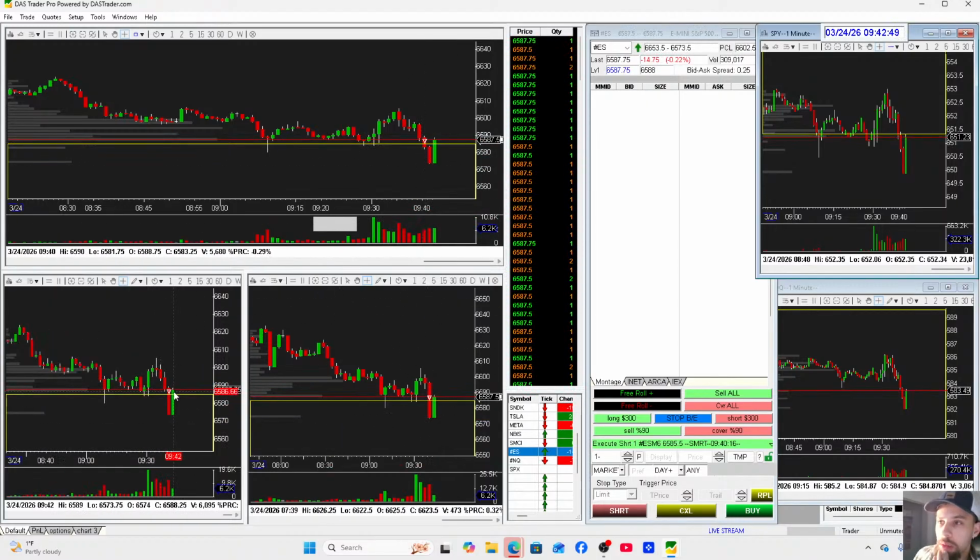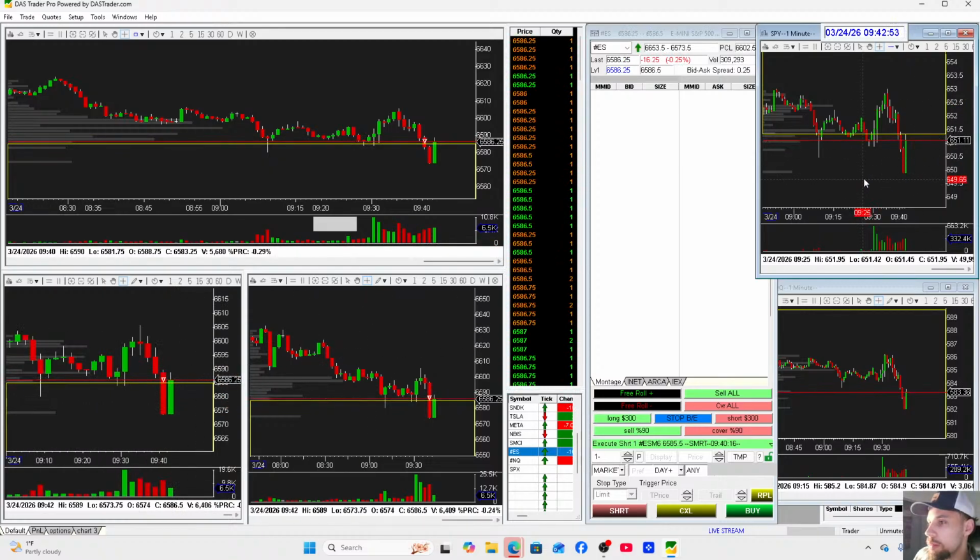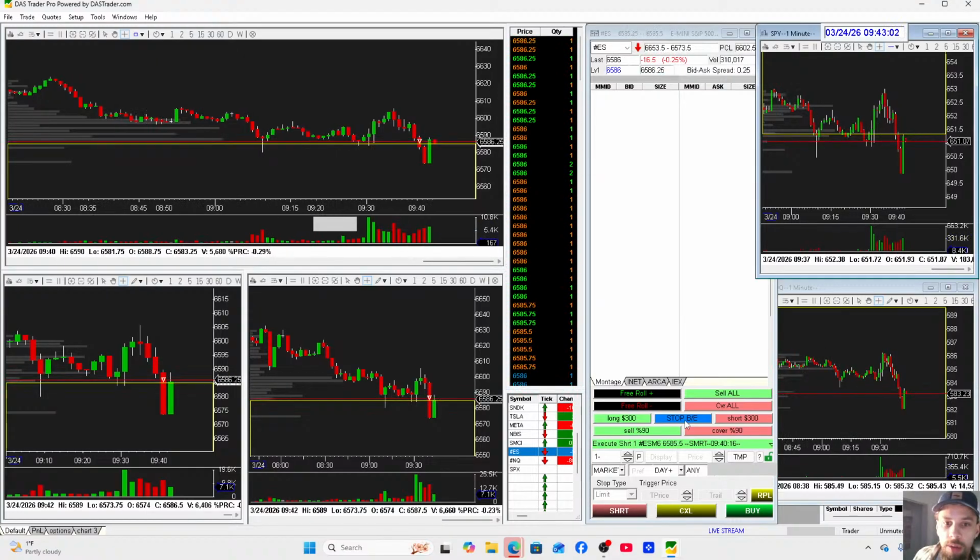But this pullback's really aggressive. Could really use a rejection right here. I don't like that candle. That's not a good one. Let's see here.